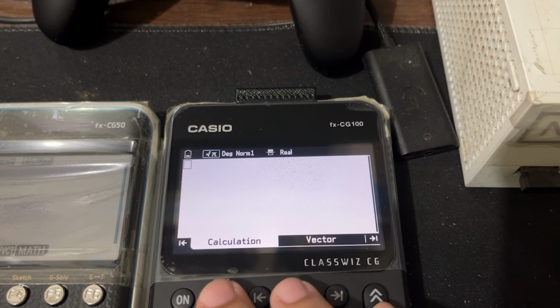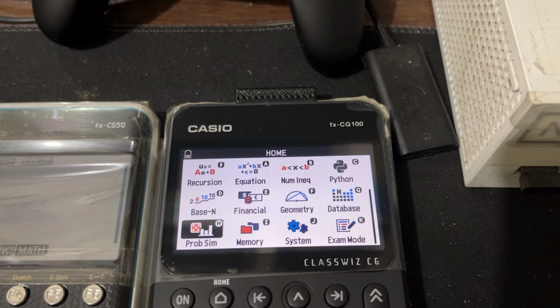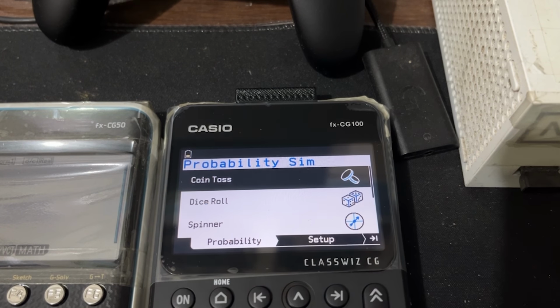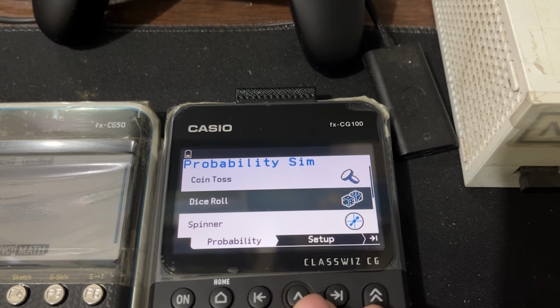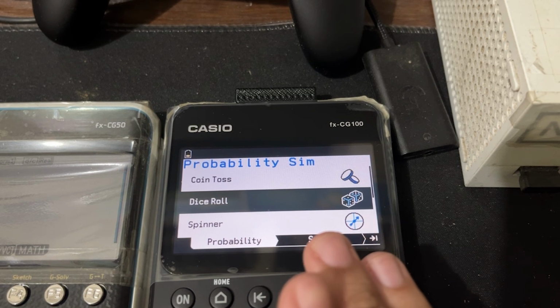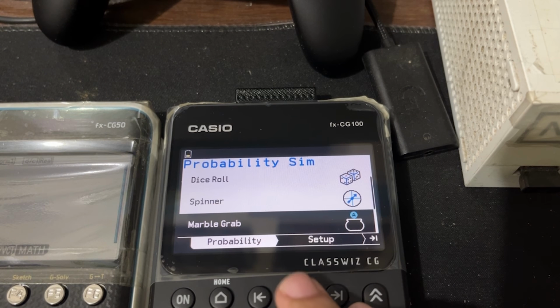So go to menu. If you see how to gamble, it's basically clear. For example, coin toss, it's like a gambling machine. Looks like gambling machines inside the calculator. For example, you have a roulette, coin toss, yes or no, unpredictable random number generators. You have spinner, marble grab.